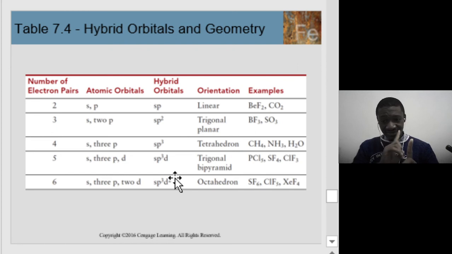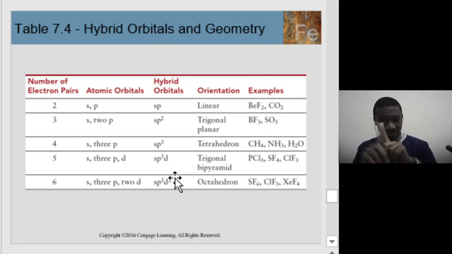And then 1 s and 3 p's, remember, we're not adding s's because s just has 1, but the other ones can have several. So the 3 p's now will give you a tetrahedron because you have a total of 4.